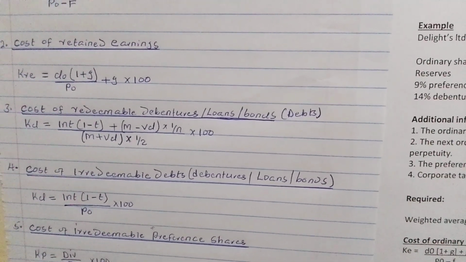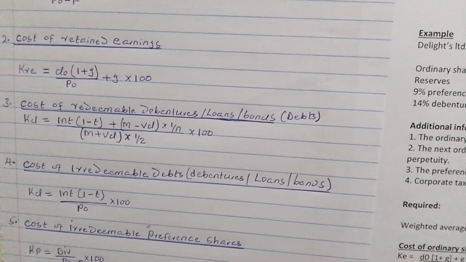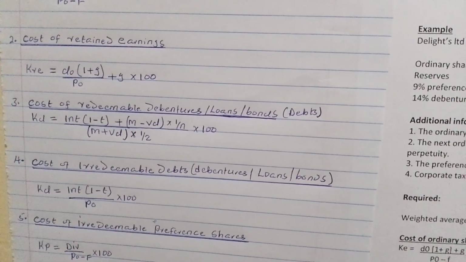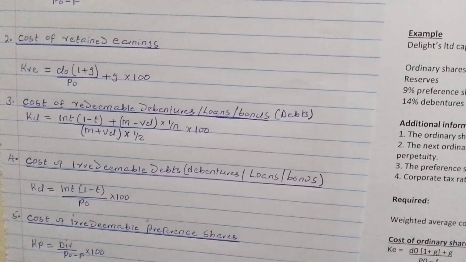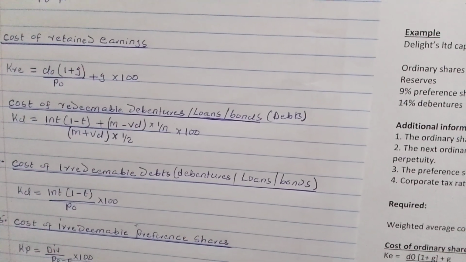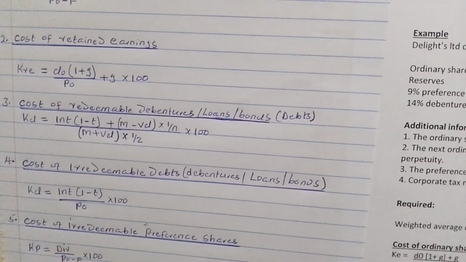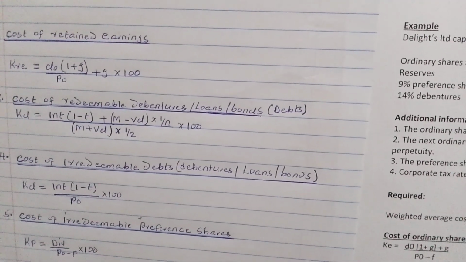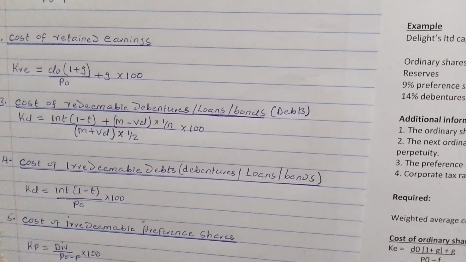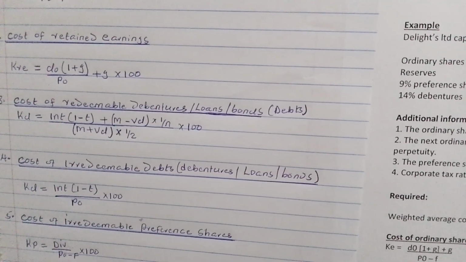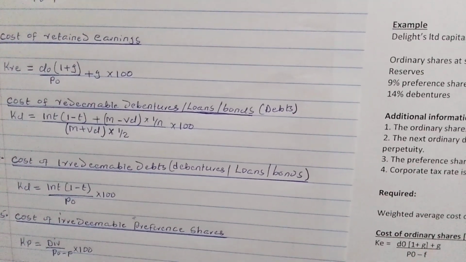And interest, since I believe at this level you have done taxation and you know that interest is an allowable expense, from the perspective of taxation, it means that as an expense we cannot tax interest.